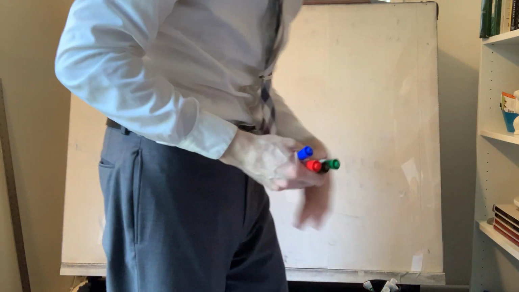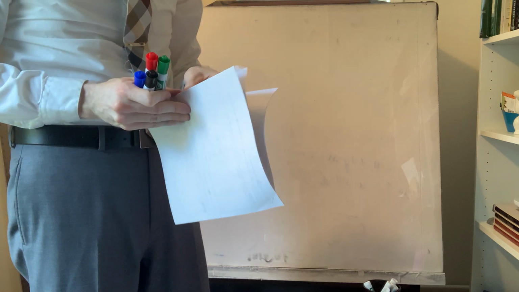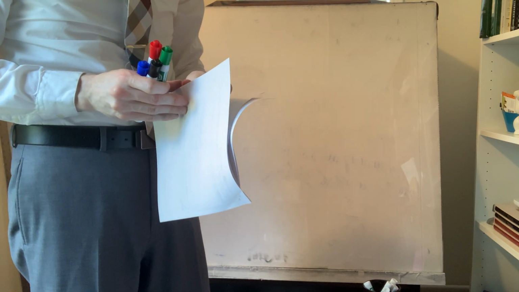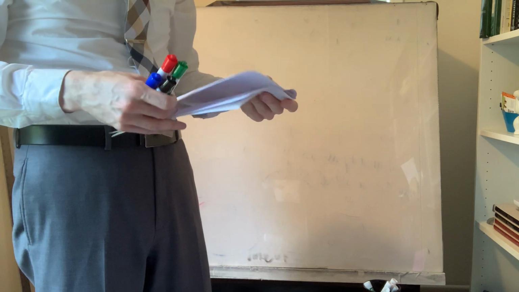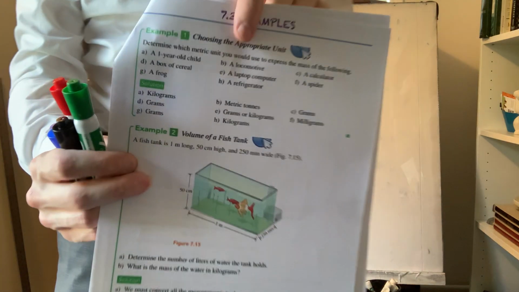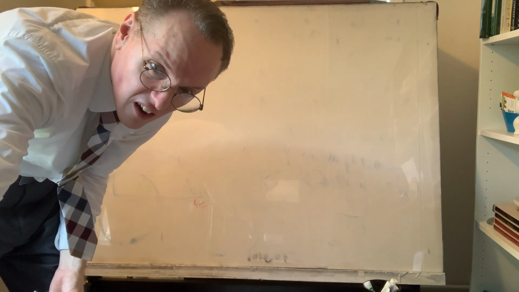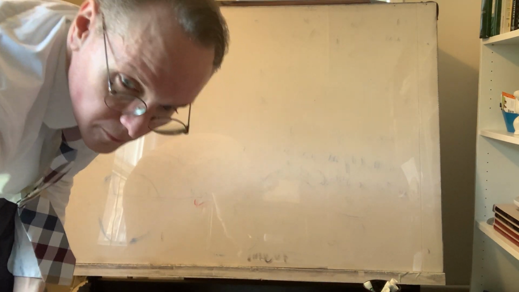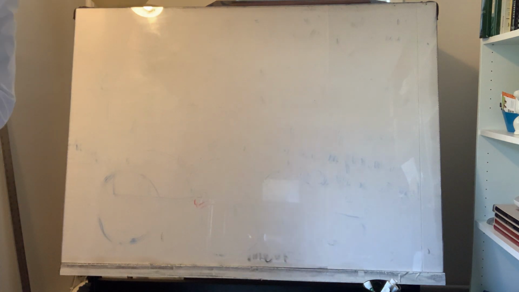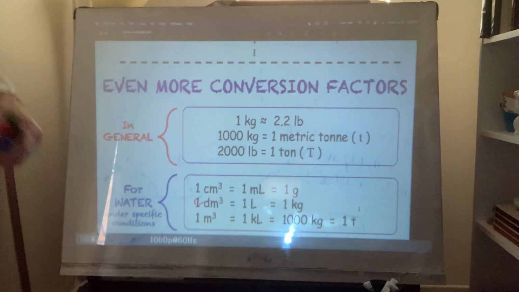If you look in the packet, maybe I should spare myself the trouble and actually project this. Let's look at the example that would be example 2 from the packet. This fish tank. I think what I might do is actually turn that back on. I think the lack of oxygen and the heat are all conspiring to make me less and less decisive.